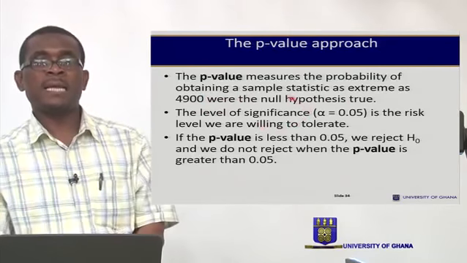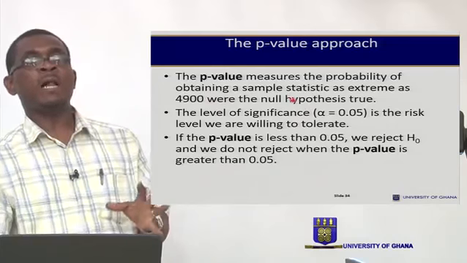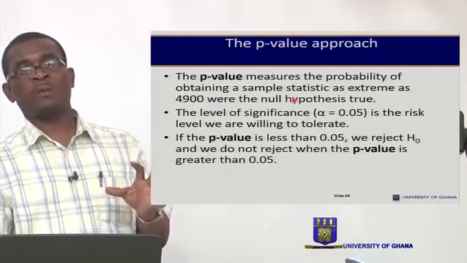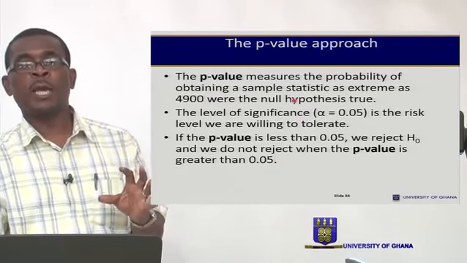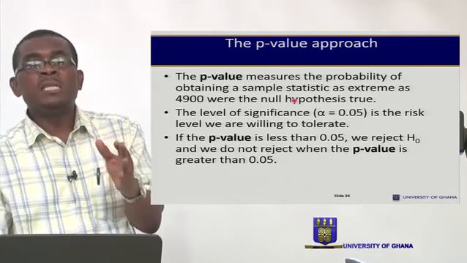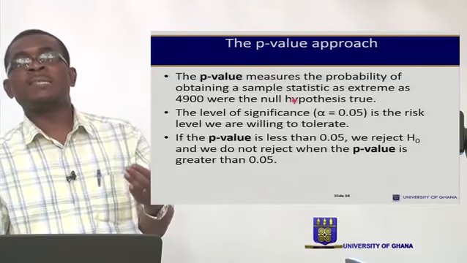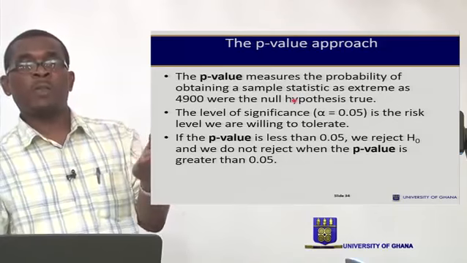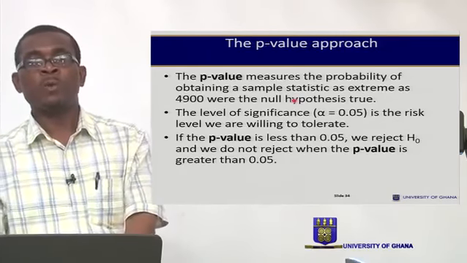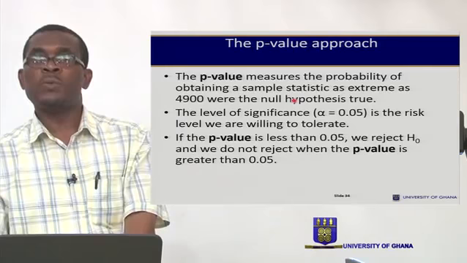So we're saying that if the null hypothesis of 5,000 hours were actually true, the probability of obtaining a sample mean of 4,900 will be 0.0367.